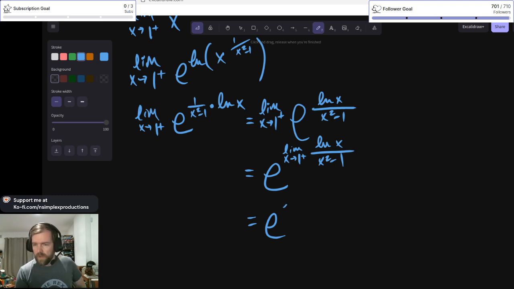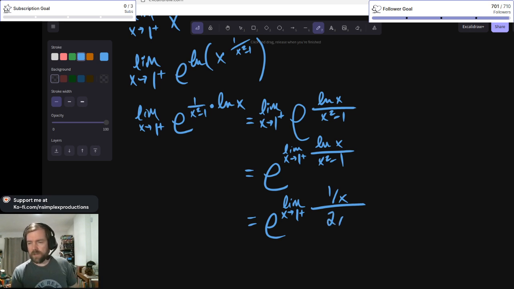Cool. Limit x goes to 1 from the positive direction of. What's the derivative of natural log of x? It's 1 over x. What's the derivative of x squared minus 1? It's 2x. Right? Multiply both top and bottom by x.